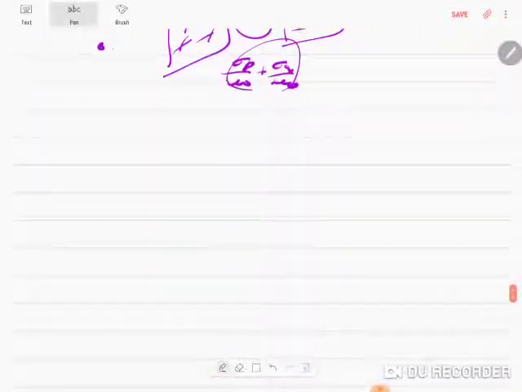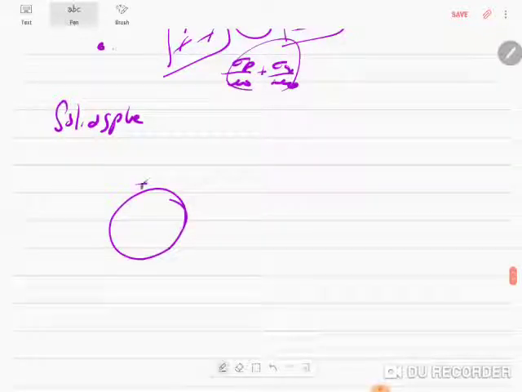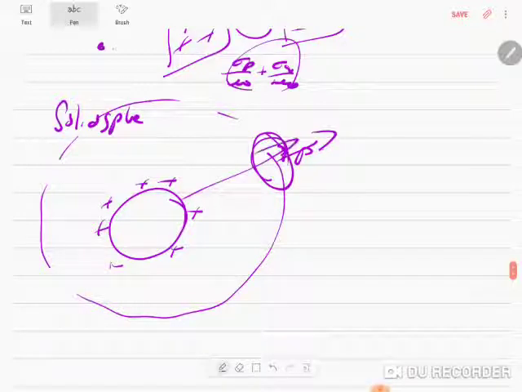Now considering a solid sphere, this is a spherical shell which has positive charges on the surface. At any point P, you have to consider a concentric sphere. The ds vector will be like this. The electric field will also be radially outward.